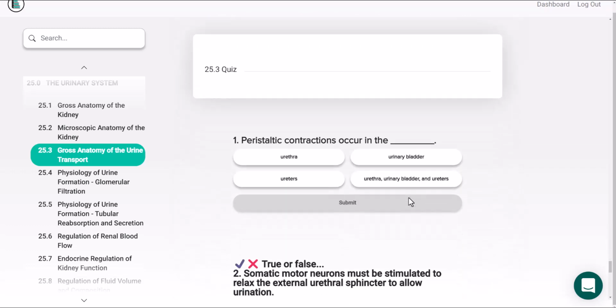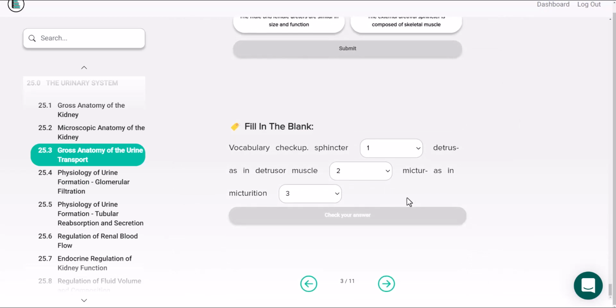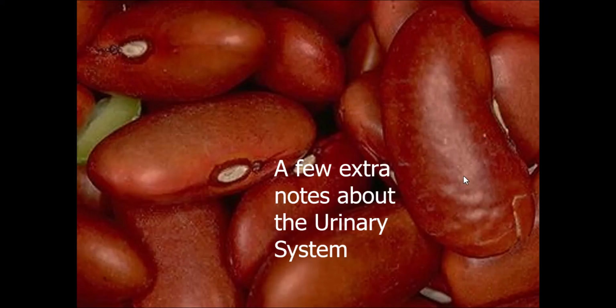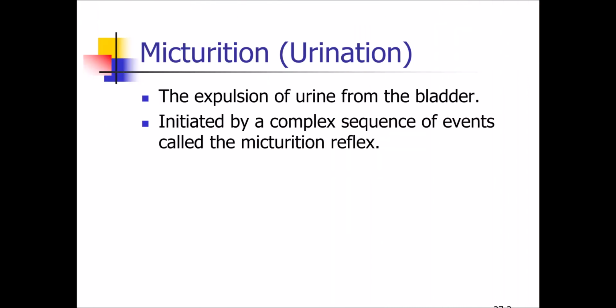I do have just a couple more slides to share with you that I'll talk through here in just a moment. These extra slides are posted in the exam folder just underneath this lecture posting. So just a couple of notes in these PowerPoint slides about the urinary system. Again, the idea of micturition is simply the complex set of reflexes involved in urination.